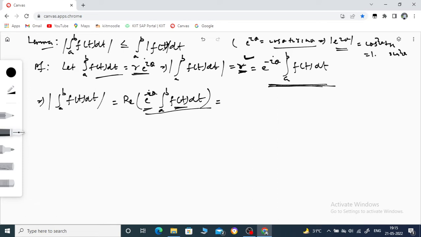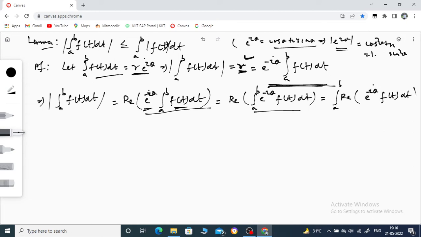So I can write this as integration from a to b e to the power minus i theta f of t dt. Now what is the real part of this? Or you can say this is integration from a to b of the real part of e to the power minus i theta f of t dt.